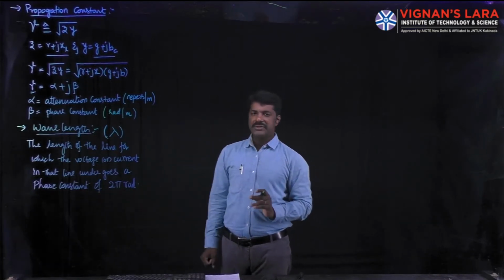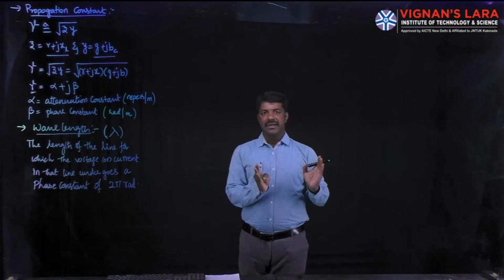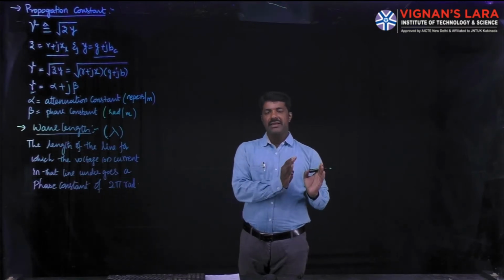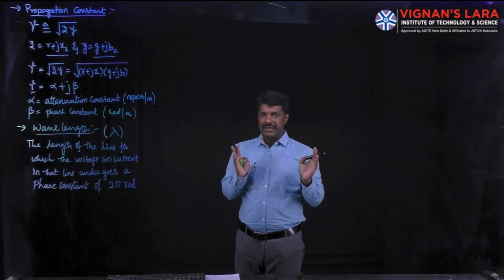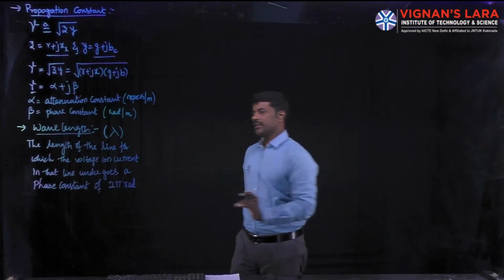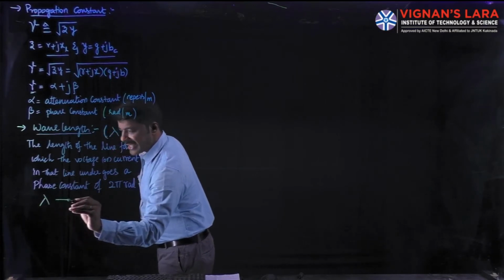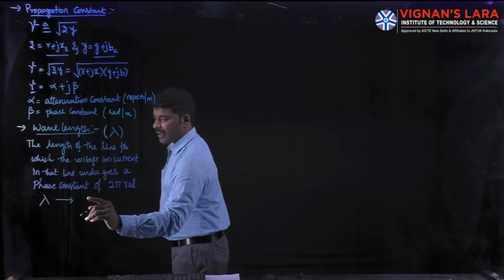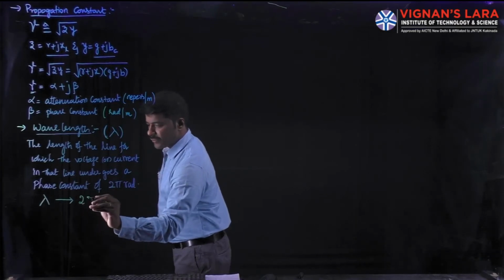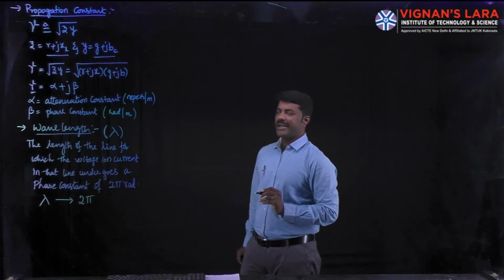If any voltage or current has undergone 2 pi radians of phase shift, then how much length the wave has traveled over the line is called the wavelength. So lambda is the length identified in the transmission line for which either voltage or current undergoes a phase shift of 2 pi radians.